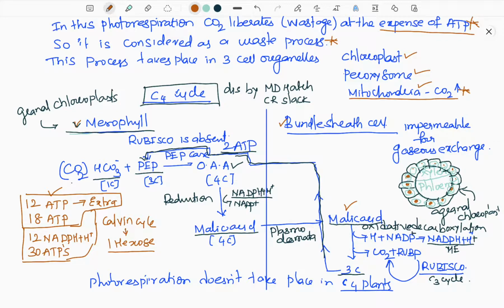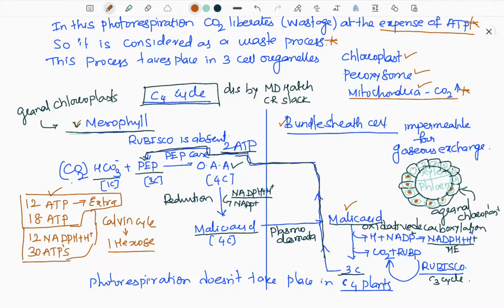And moreover, they are preventing Rubisco from acting like an oxygenase. So in fact, they are preventing photorespiration, they are preventing loss of carbon dioxide, they are preventing loss of ATP, they are enhancing carbohydrate productivity, they are increasing the yield of the plant. By all these, our understanding is that C4 plants are more evolved than C3 plants in all terms: consumption of water, loss of carbon dioxide, yield, productivity of carbohydrates.